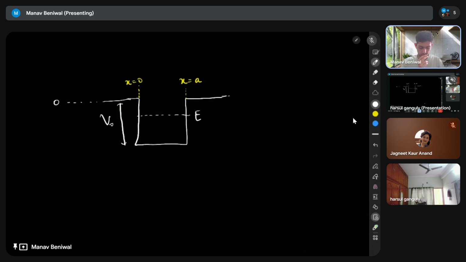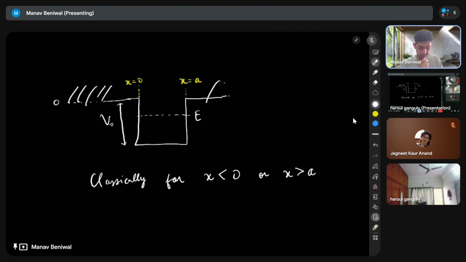Now classically, outside this region, so for x less than 0 or x greater than a, for this region which is outside, what will be the probability of finding the particle?